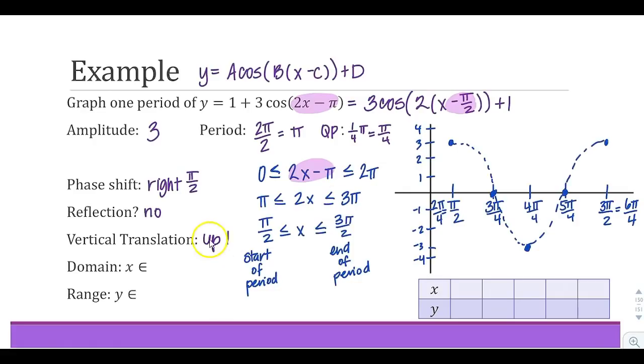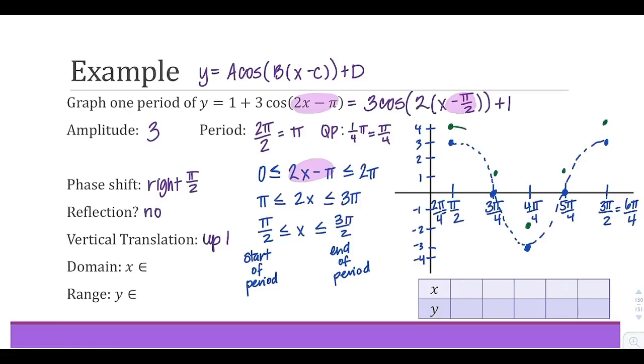So we said that this whole graph has to move up 1 unit. So I'm going to take each one of these coordinate points and move it up 1 unit. So pi over 2, 3 shifts up to 4, 3 pi over 4 is going to shift up to 1, 4 pi over 4 is going to shift to -2, 5 pi over 4 will shift to 1, and 3 pi over 2 will shift to 4.